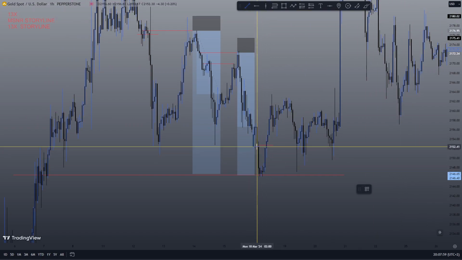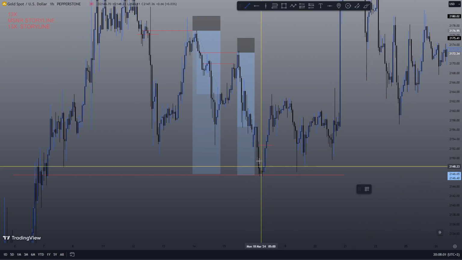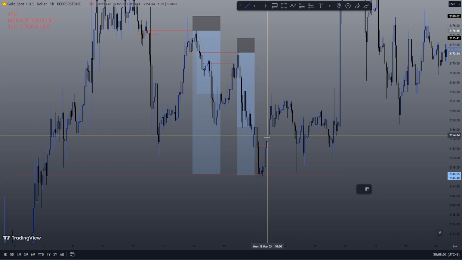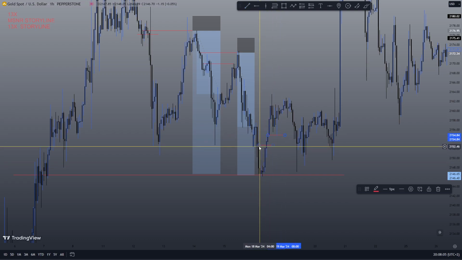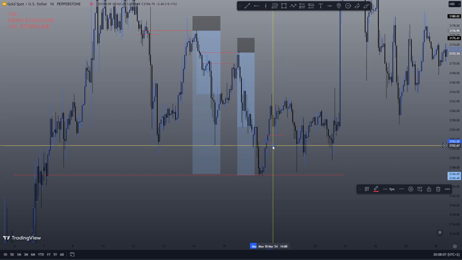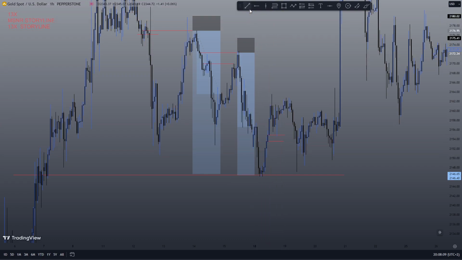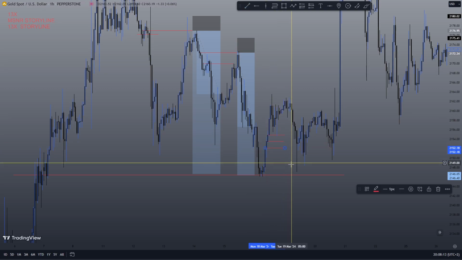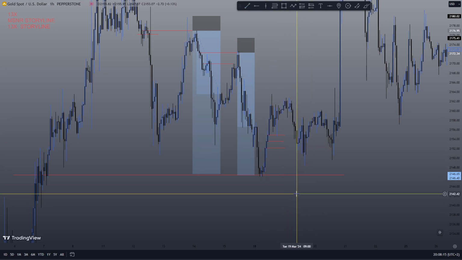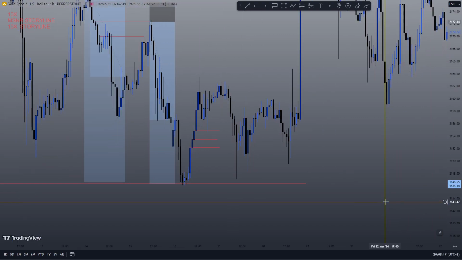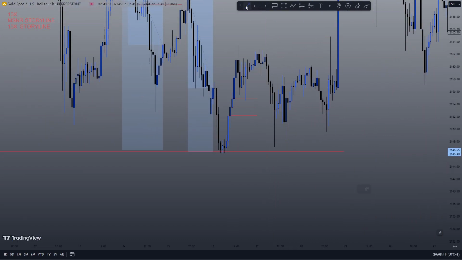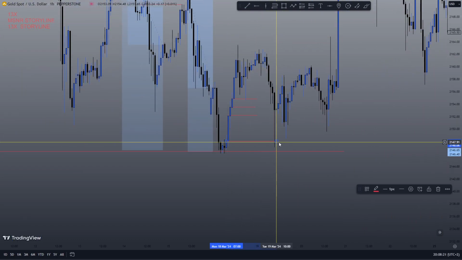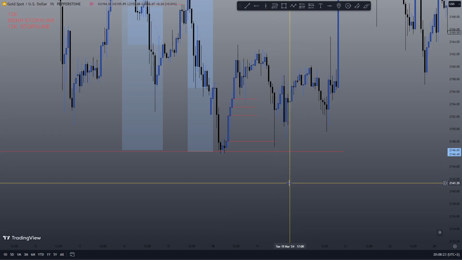As you can see here, we have multiple levels. We have a gap on H1, a gap on H1, also a gap on H1, a gap on H1.